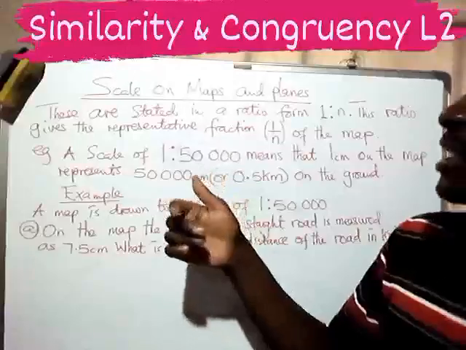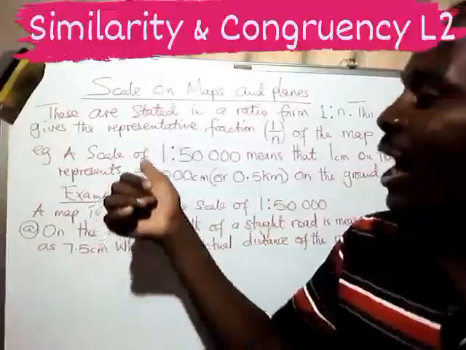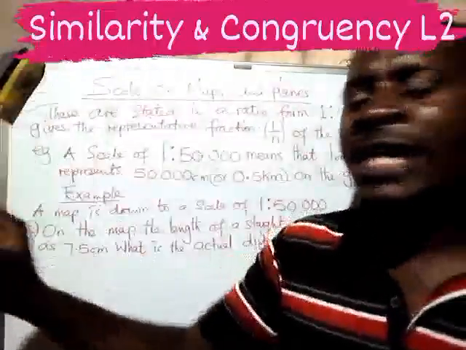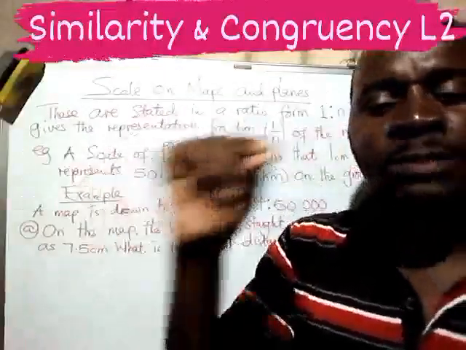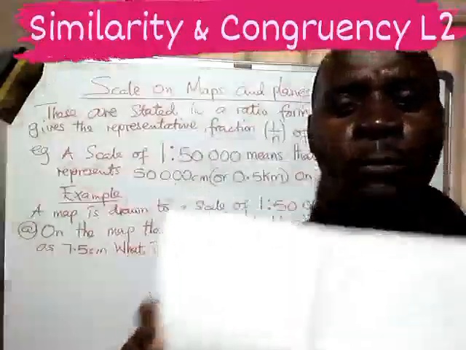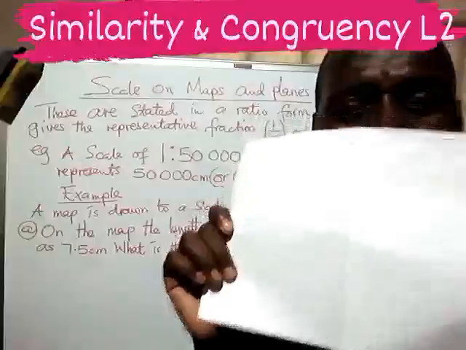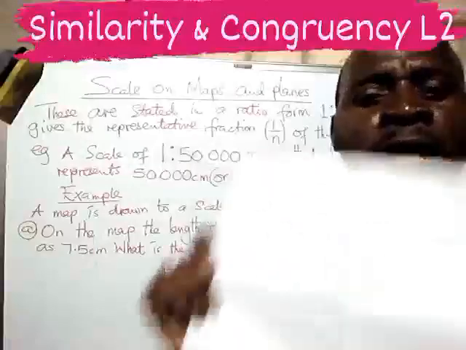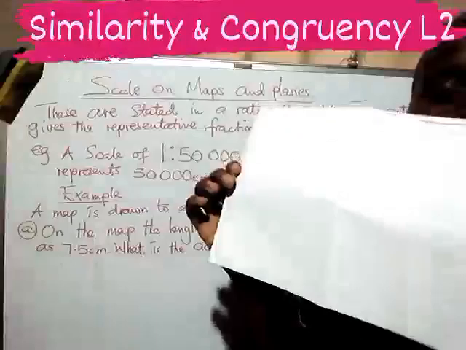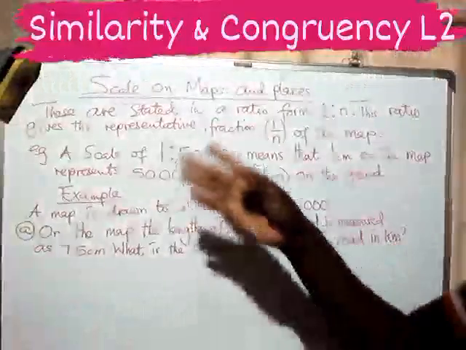So this means that we are reducing the actual size into centimeters, because centimeters can fit on the piece of paper. Meters can't fit on the piece of paper. Kilometers can't fit on the piece of paper. So we do that by using the scales.